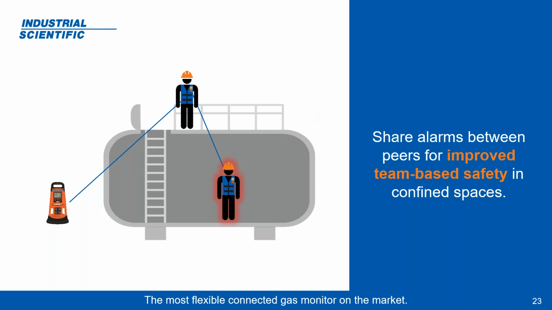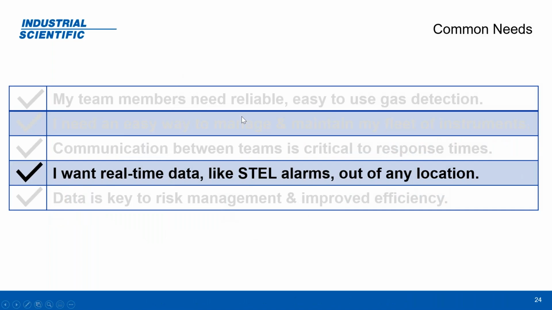Sharing those alarms so everyone knows that someone's in trouble, someone needs help, and there's a situation that is putting workers in danger. So that's just one example of how these instruments being connected together can improve communication between teams and allow teams to respond to each other faster.